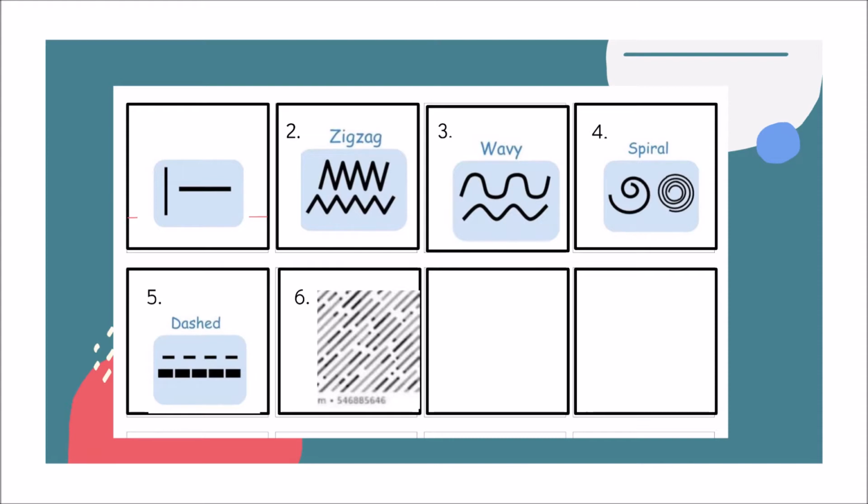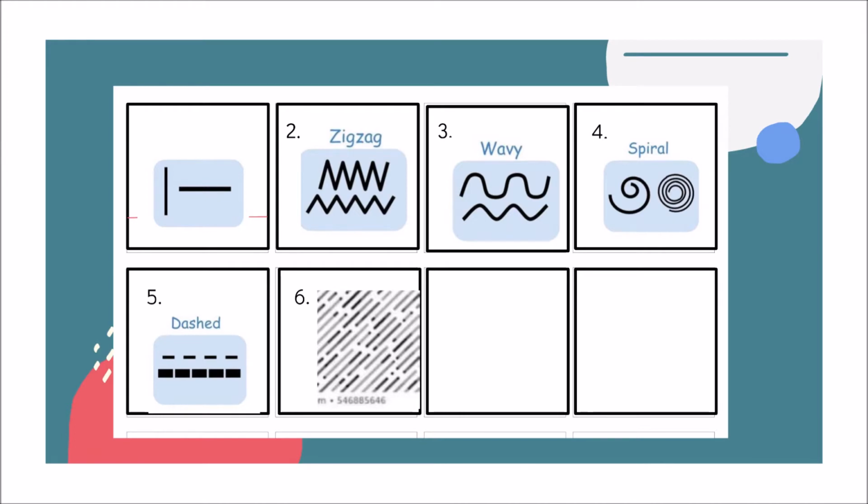Wavy lines are curvy at the top and the bottom, and they look like ocean waves. Spiral lines are curved lines that spiral around each other or inside of each other, depending on which way you spiral them. Number 5, dashed lines. These are like broken lines. So lines that we see in the streets, lines that divide our paper when we write.